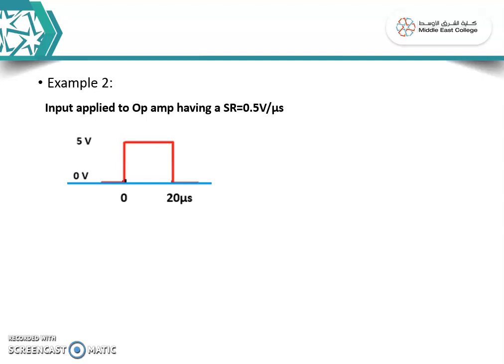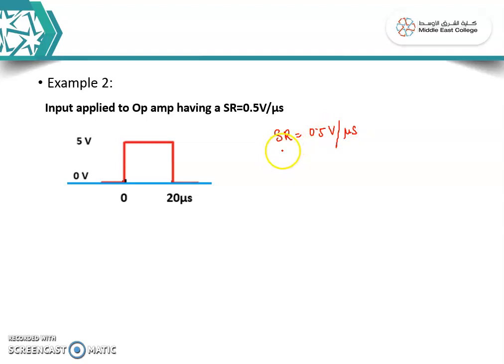So this is the input that I'm going to apply: a square wave or a step input which has an amplitude of 5 volt, and the on time of the step signal is 20 microseconds. And it has a slew rate of 0.5 volt per microsecond.